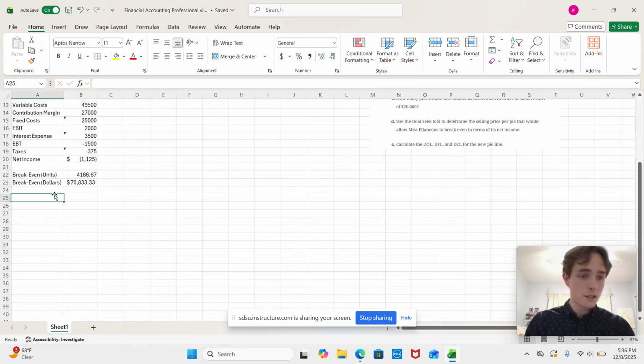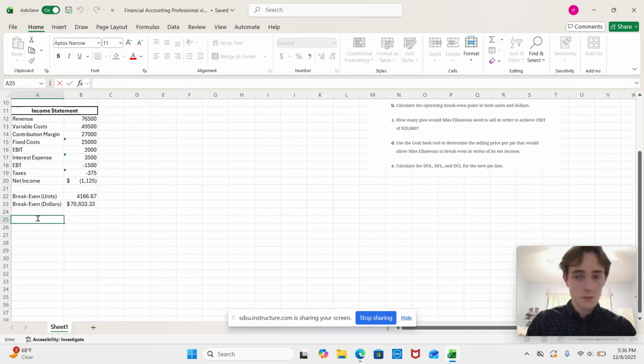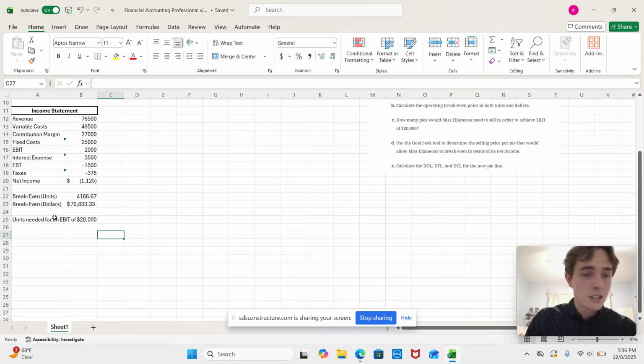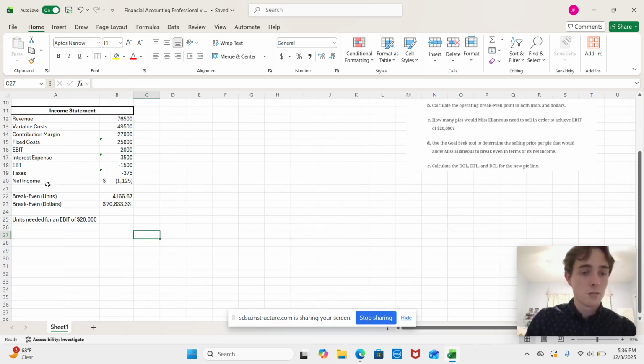So we will come down here, and right here we will do units needed for an EBIT of $20,000. Okay, so as you can see here also it bleeds into cell B. So we're going to do what we did with this number right here and double click between A and B just to open up the cell and format it a little better.